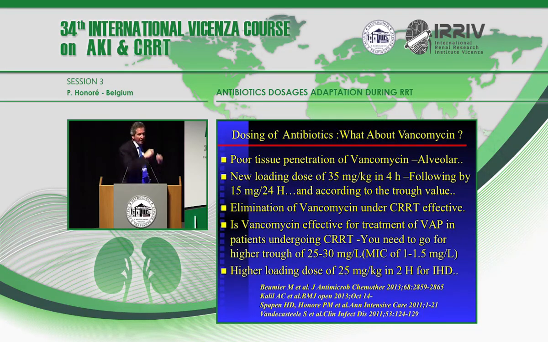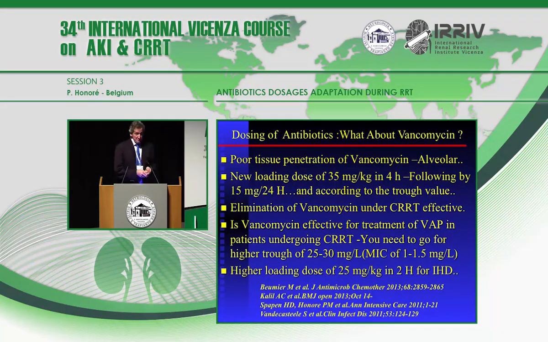By doing this, you are above the MIC, and you have a better trough, and then you follow by at least 15 milligrams per kilo in the remaining 24 hours, and then according to the trough value. So a very important loading dose during CRT. As I said, the elimination of vancomycin is an easy job during CRT, 90% in 1 day.